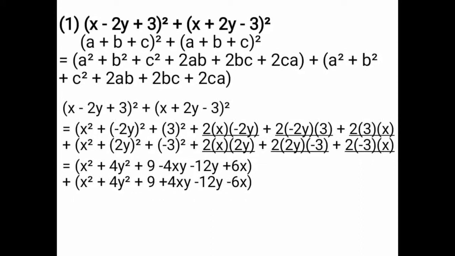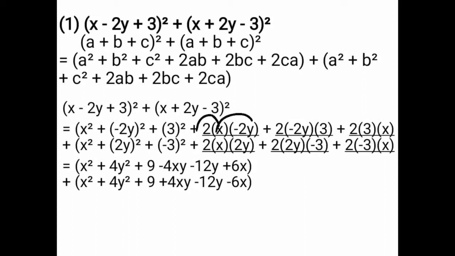In the first bracket x square will remain x square. Square of minus 2y is equal to minus 2y into minus 2y, which is 4y square. Square of 3 is 9. Plus 2 into x is 2x, 2x into 2y is 4xy.